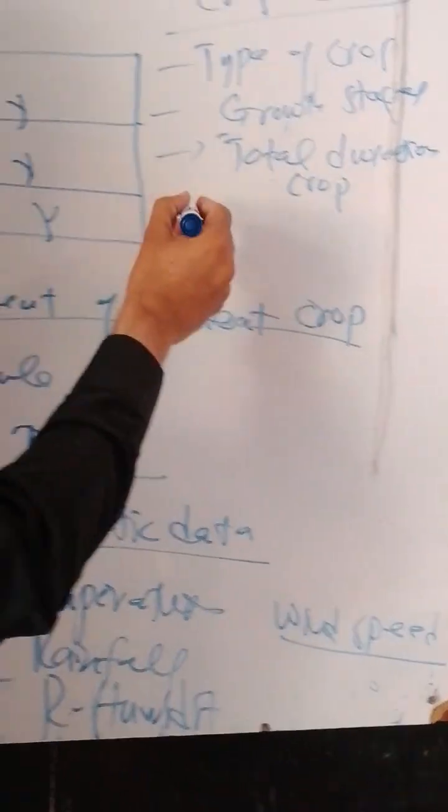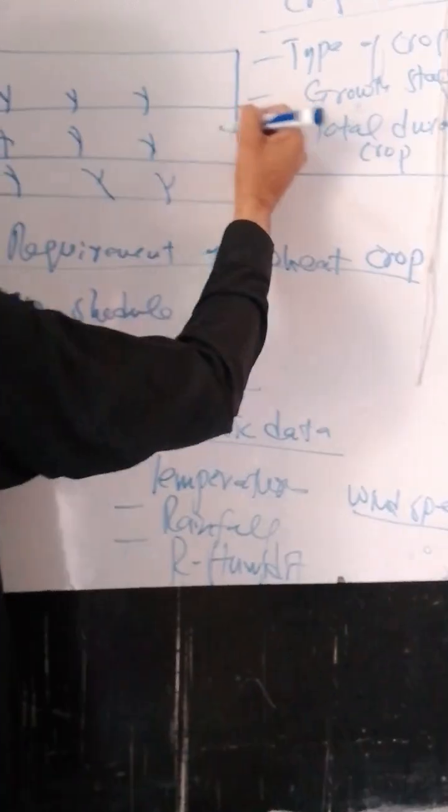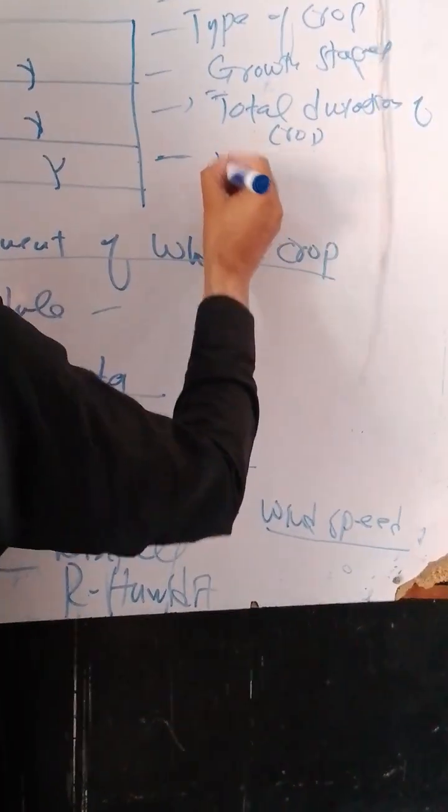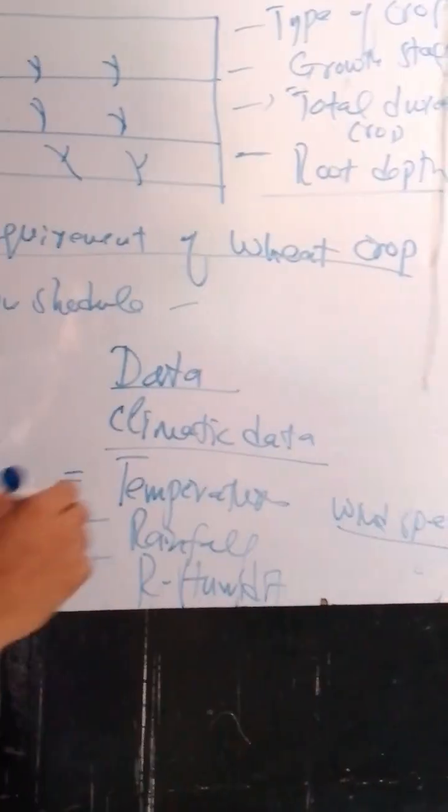So this is the crop data which is required. The last one is the root depth. Different crops have different root depths.